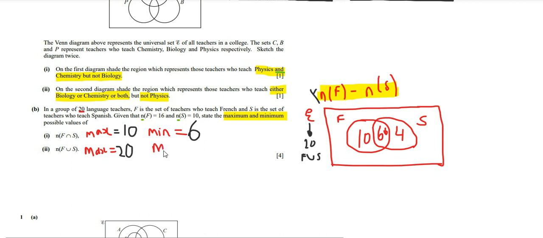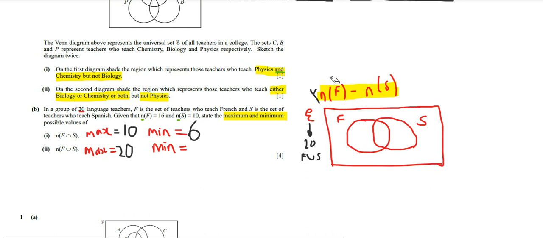Let's now look at the minimum possible value for F union S. Okay, and what we want to do over here is kind of the opposite actually. So I'm just gonna rub this out real quick. Yeah, there we go.